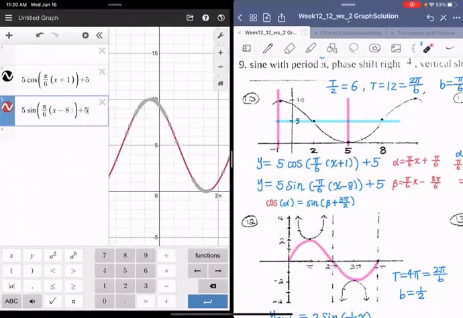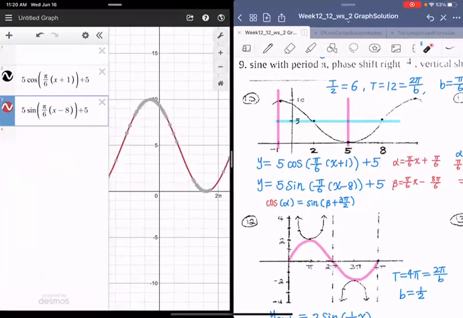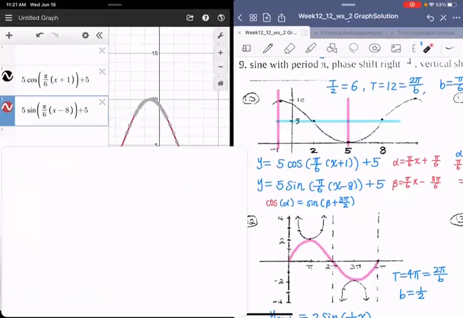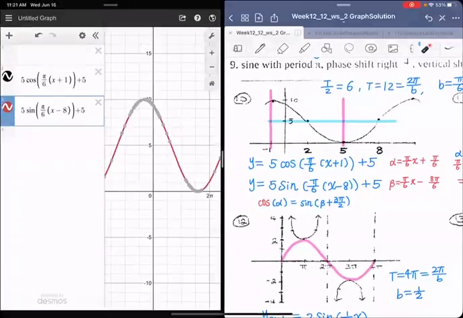Julia, are they identical? Yes. So does this prove that these two methods give exactly the same correct answer? Yes. Does this make sense to you now? Yes. Okay. Let me screen capture this picture and I'm going to attach it.